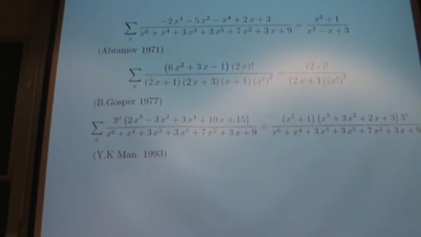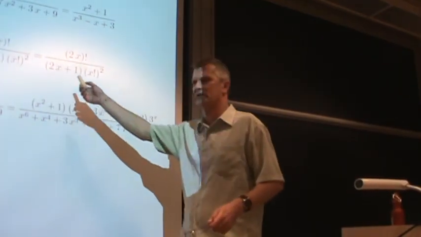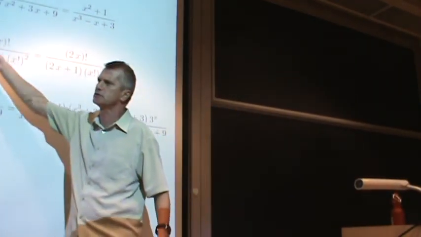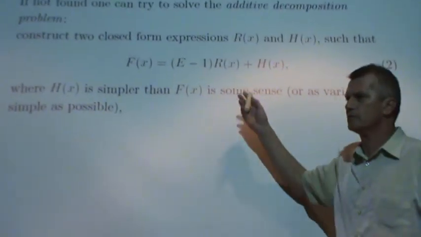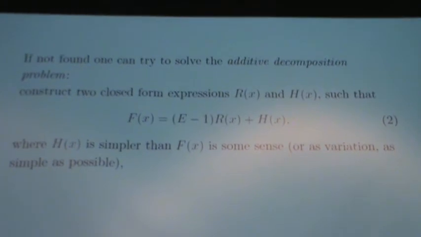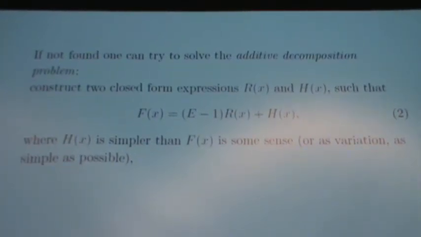And by the way, this argument, where you have rational or quasi-rational summation and apply the Gosper algorithm, doesn't work when the function is not summable. If the function is not summable in the class that we are looking at, then we can try to solve the additive decomposition problem, the same as with integration. Say you integrate a rational function, generally the answer is a rational part and a logarithmic part.